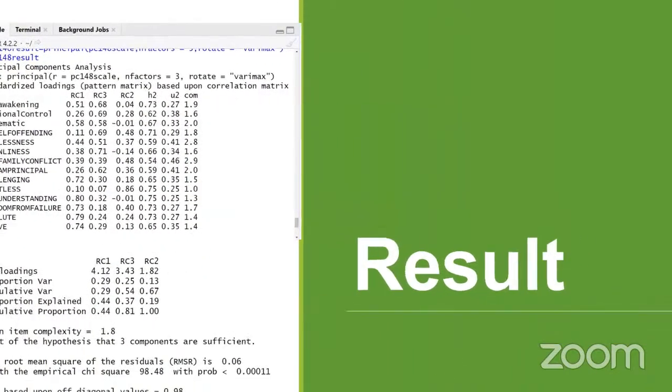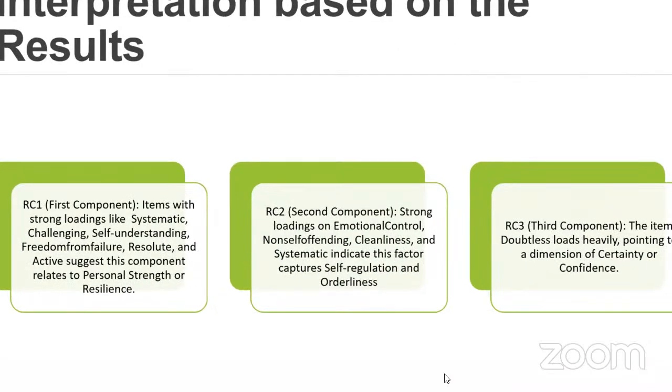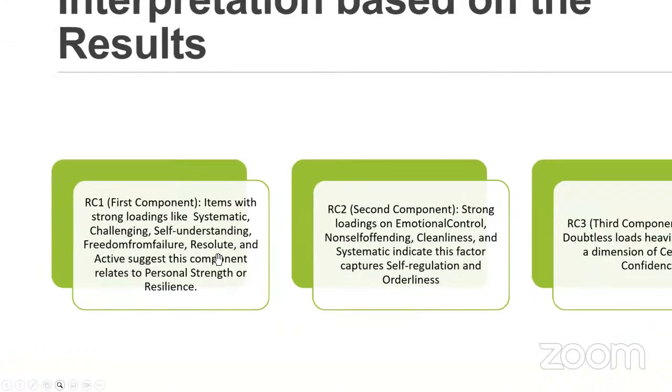The name is resilience. The first component items with the loadings are systematic, challenging, self-understanding, free from failure, resolute, and active. So that indicates the personal strength or the resilience. That is the first component.